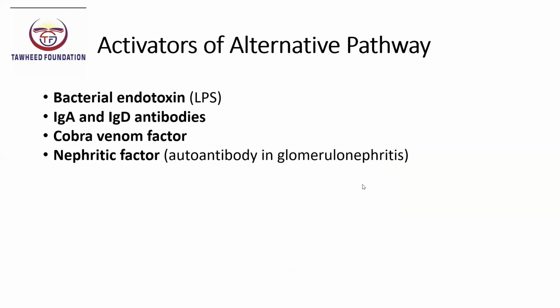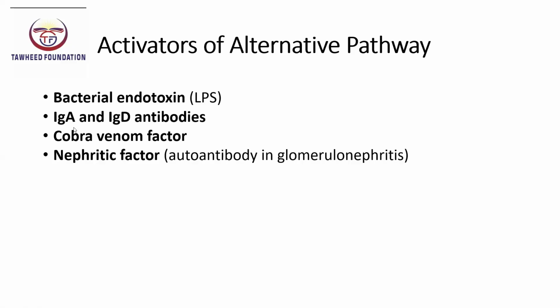Next is activators of the alternative pathway. The alternative pathway can be activated by various microbial and non-microbial substances. Among the most common activators is bacterial endotoxin (LPS) from gram-negative bacteria, which directly triggers complement activation. Some antibodies such as IgA and IgD can also activate this pathway in specific conditions.